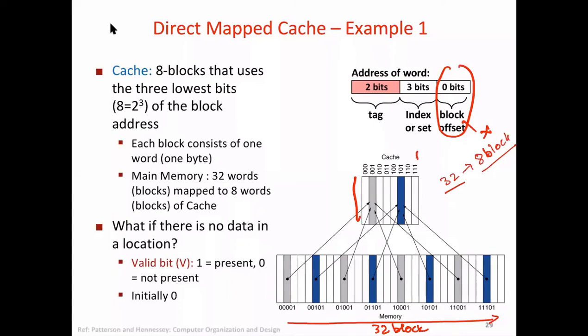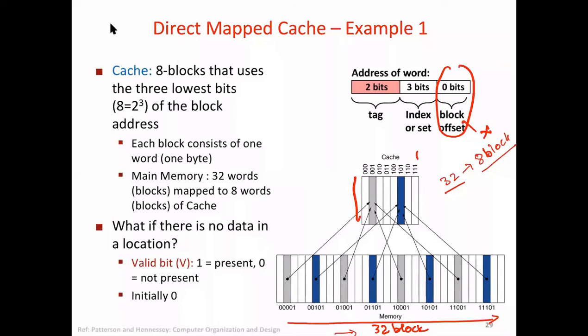And how many bits do we need? We need 5 bits to represent 32 blocks, since 2 raised to power 5 is 32. Now can you see a pattern here? The block 00001 is mapped into 001.